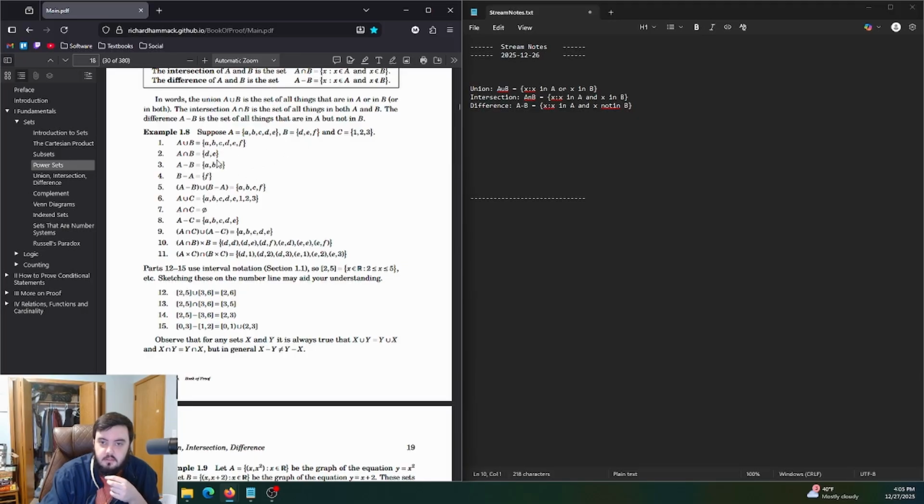The difference includes all the letters in A that are not in B.